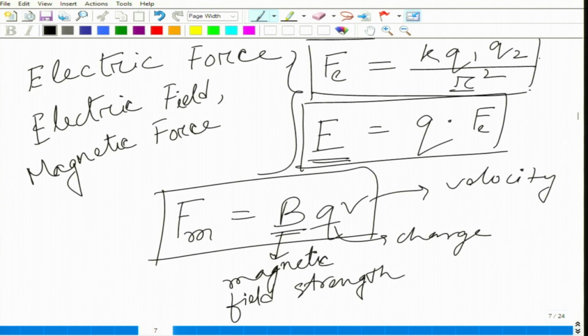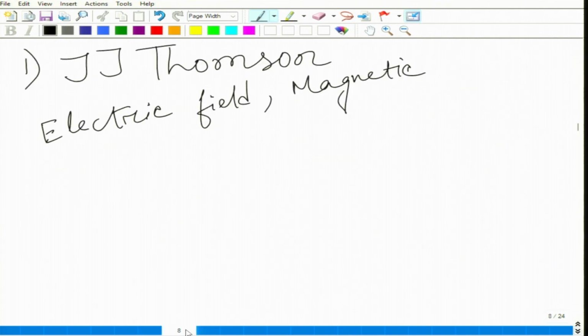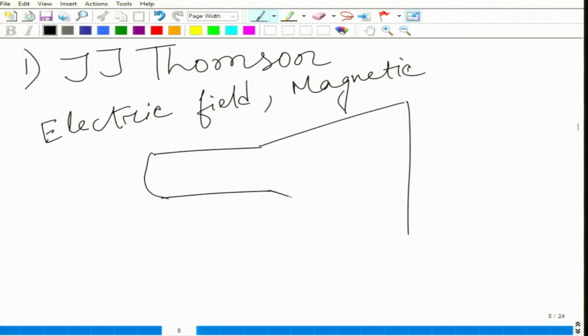Previously, we had seen these three formulas. Now we will see their application. In this experiment, the experimental setup was something like this. There was one anode, and one cathode.